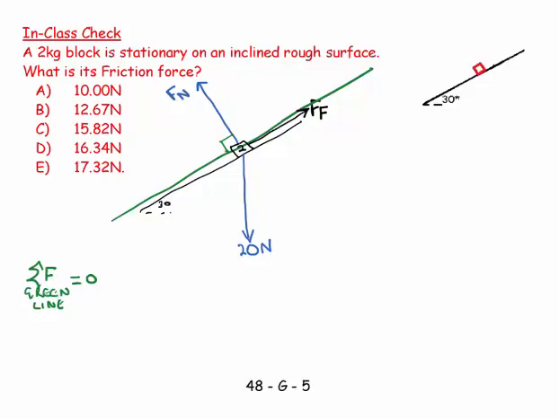And I go back to my diagram and I say, oh well, this FF is actually along the green line, so it is its own component. But this 20 newtons is at an angle. And again, you've got to be able to draw it confidently and correctly. This approaches the green line at 90 degrees.